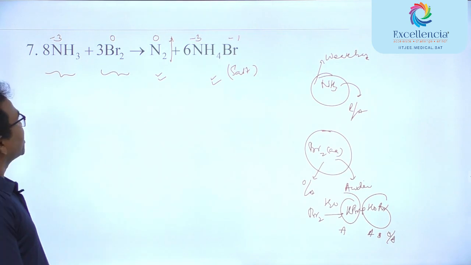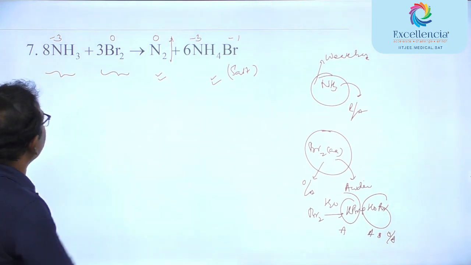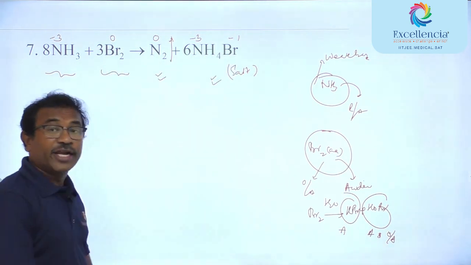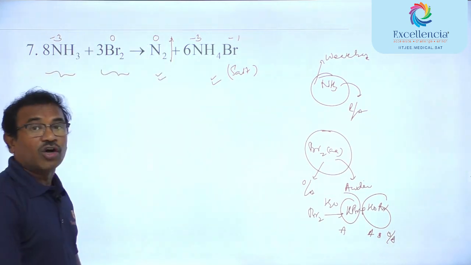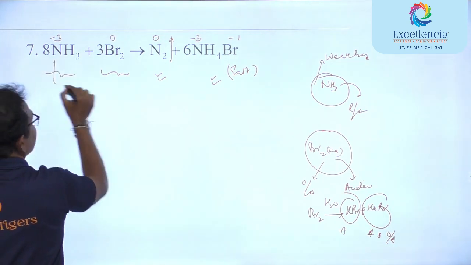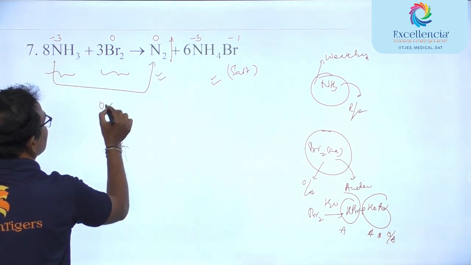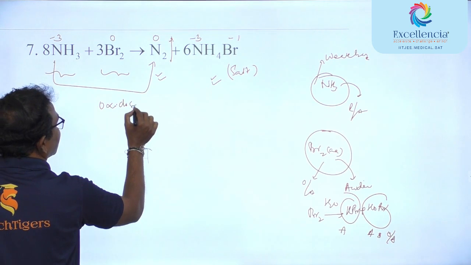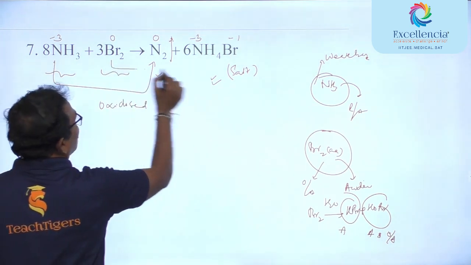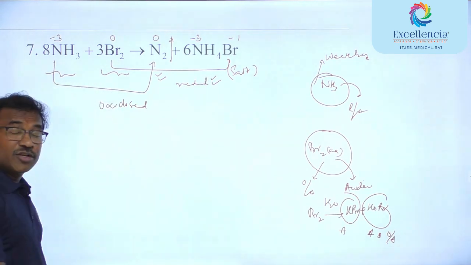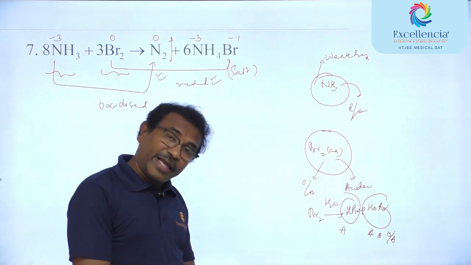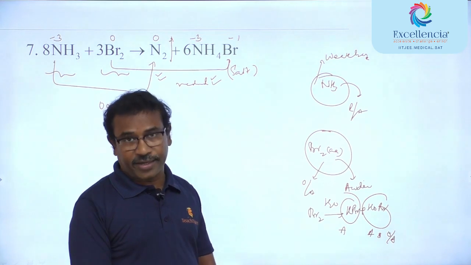So bromine 0 to -1 got reduced. However, nitrogen -3 to 0 got oxidized. So this part got oxidized in the reaction, and this part got reduced. So in short, we can say there is some kind of redox reaction involved.